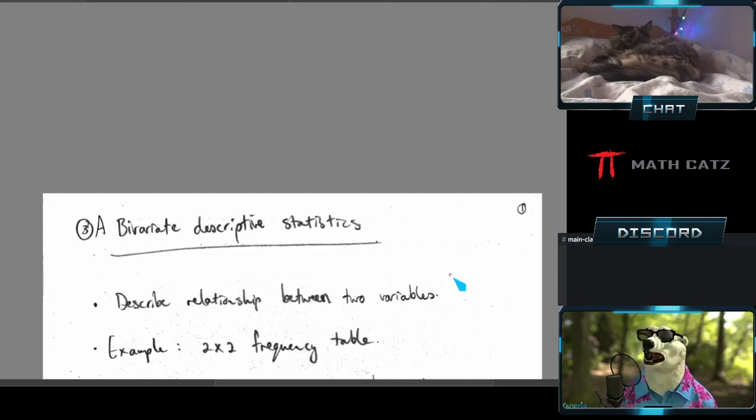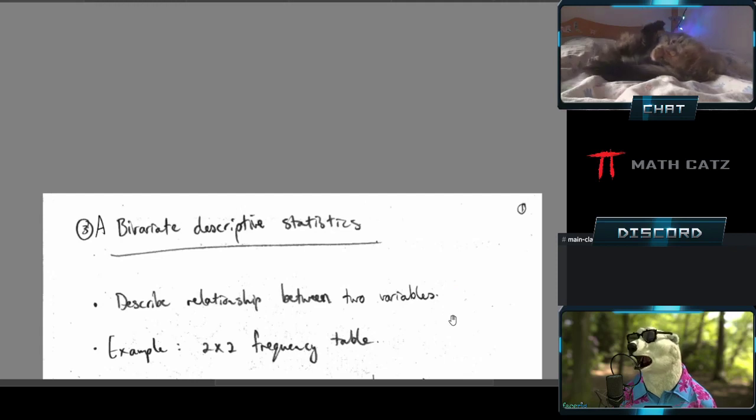So we're trying to essentially do the same thing, describing the data. But when we have two variables that are potentially somehow related to each other, things get a little bit more complicated in terms of how we describe that and how we describe it effectively.